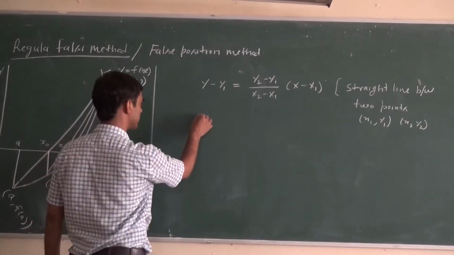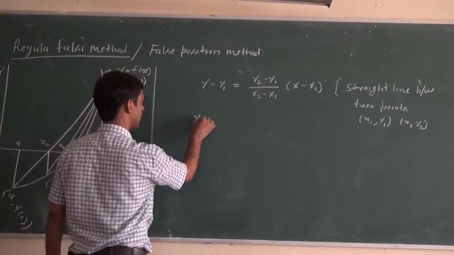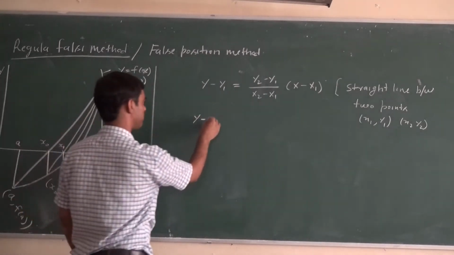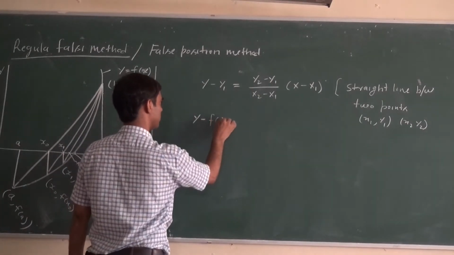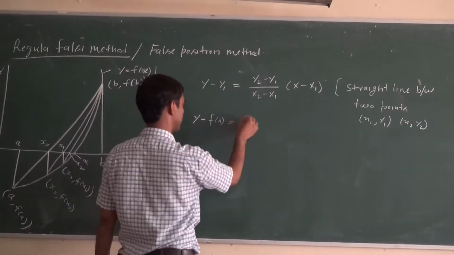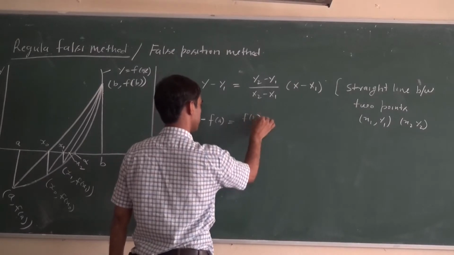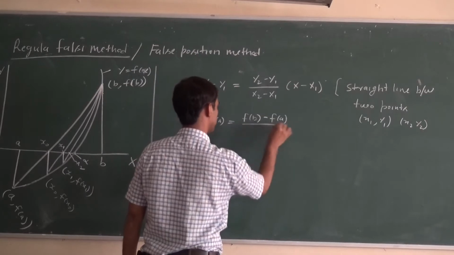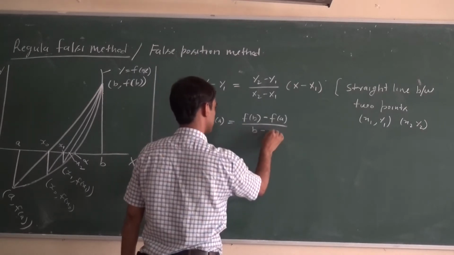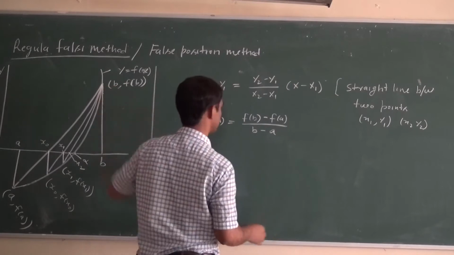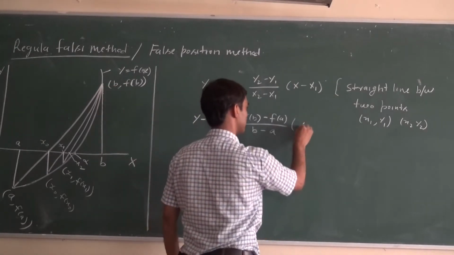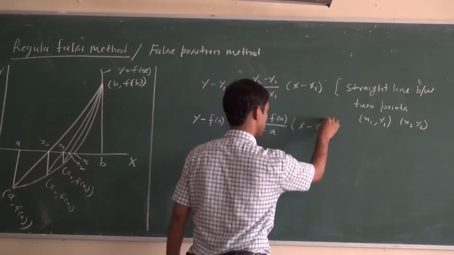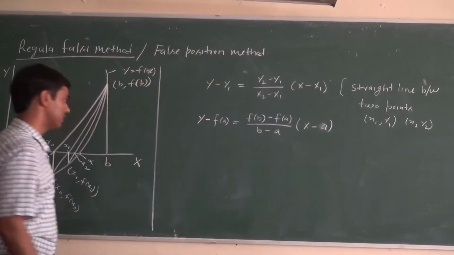So what is the equation of the straight line? y minus y1, which is f(a), equals y2, meaning f(b) minus f(a), divided by b minus a, because b is x2. Now x minus x1, and what is the value of x1 here? The value of x1 is a.